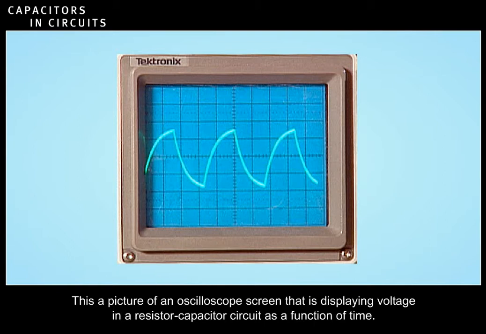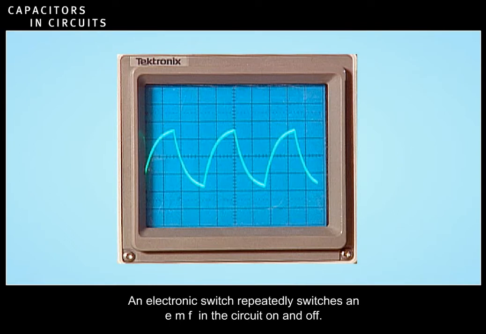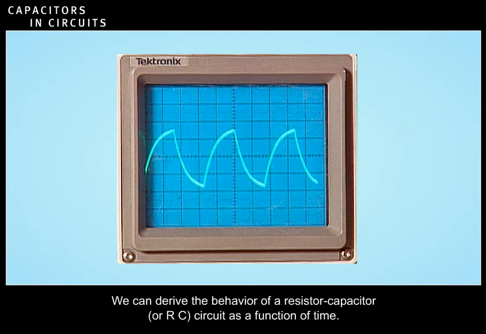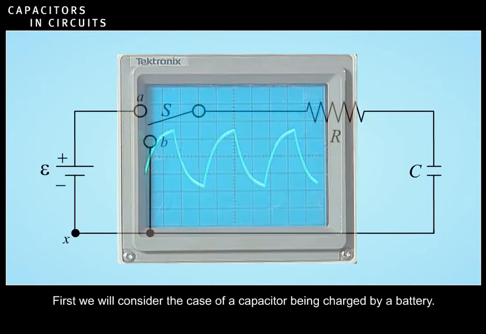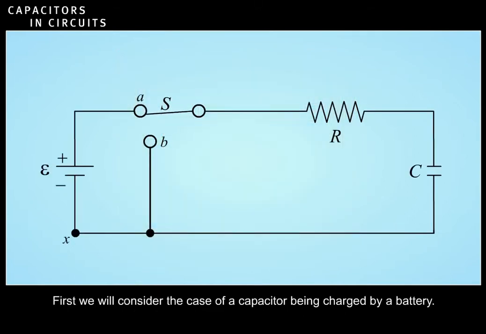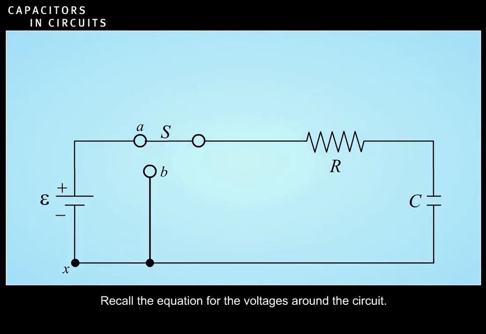An electronic switch repeatedly switches an EMF in the circuit on and off. We can derive the behavior of a resistor-capacitor, or RC, circuit as a function of time. First, we will consider the case of a capacitor being charged by a battery. Recall the equation for the voltages around the circuit.